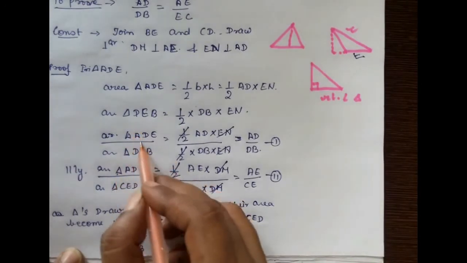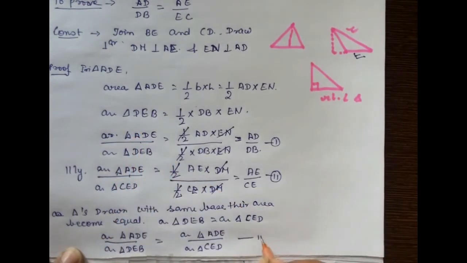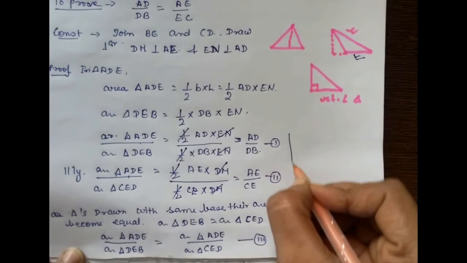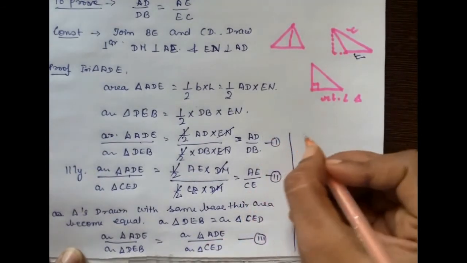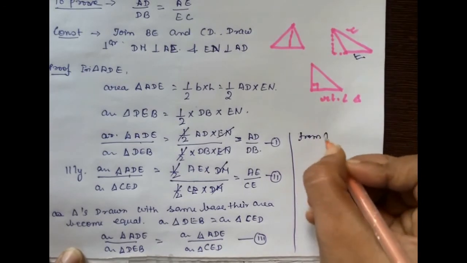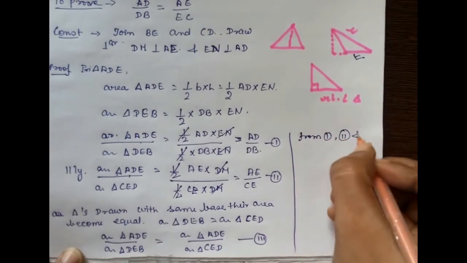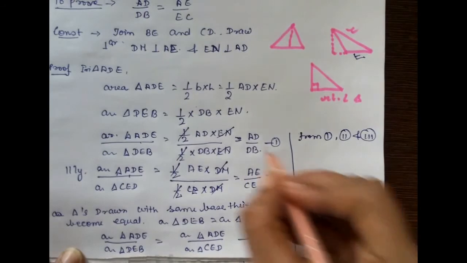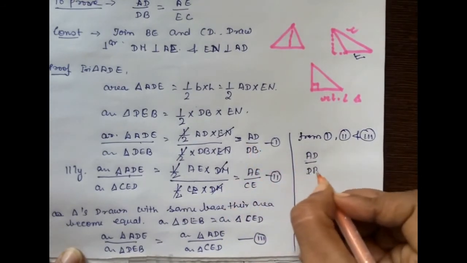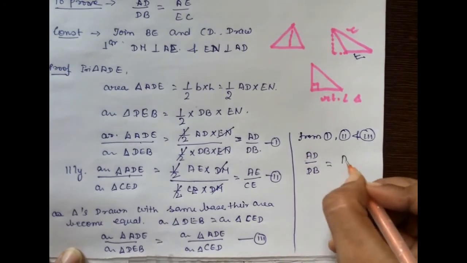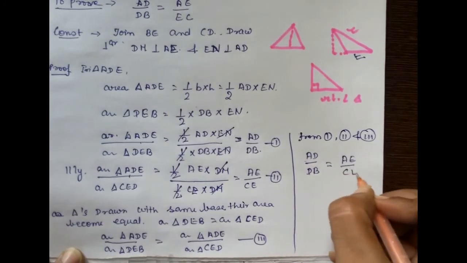These two areas become the same. This is named third. Now by using first, second and third, we get AD upon DB is equal to AE upon CE.